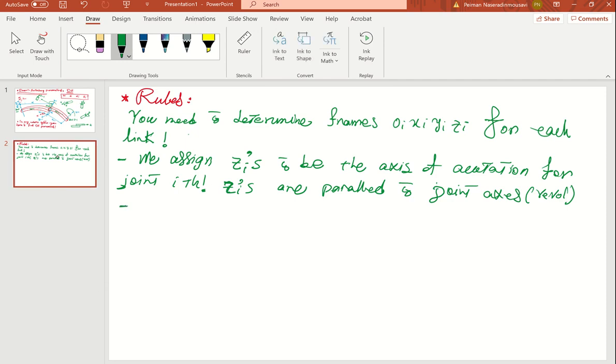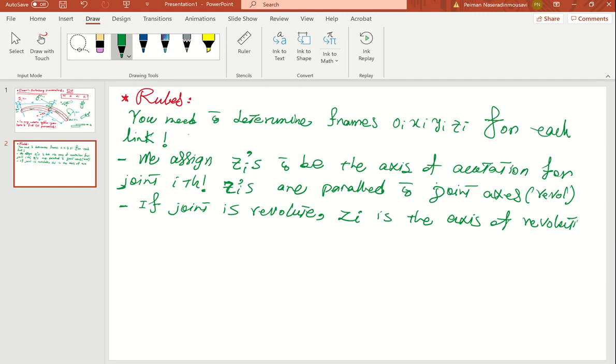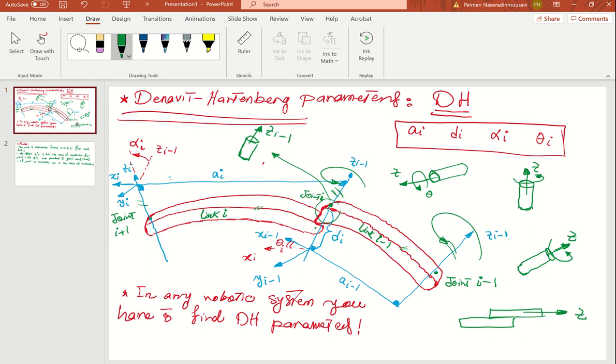Now, as I said, if the joint is revolute, zi is the axis of revolution. As I explained here, z is the axis of rotation, because these are revolute joints, they are rotating.